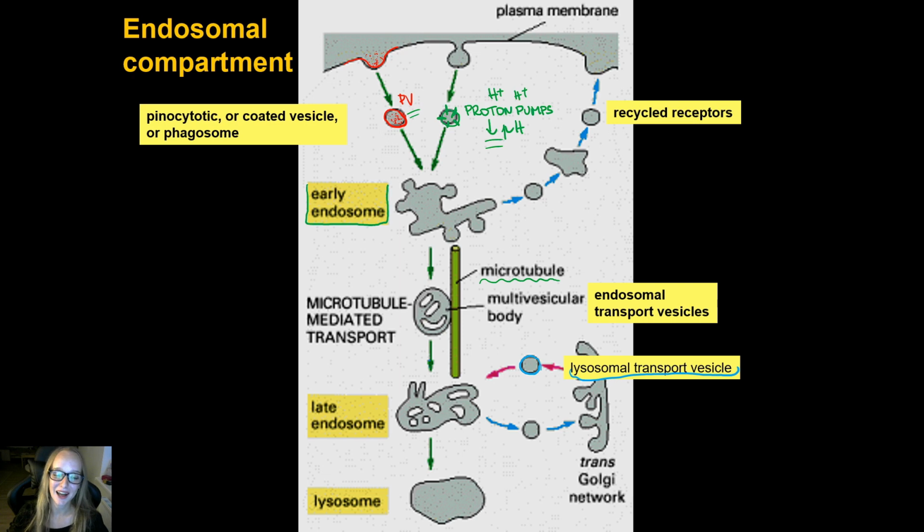So that's how we get from lysosomal transport vesicle to lysosome: now we have low pH in the lysosome because of the low pH in the endosome, and we have the substances that we need from the pinocytosis, for example, and we also have the enzymes from the lysosomal transport vesicle.